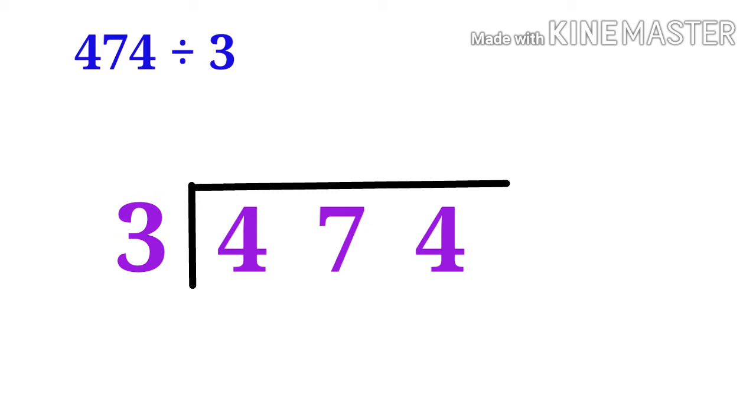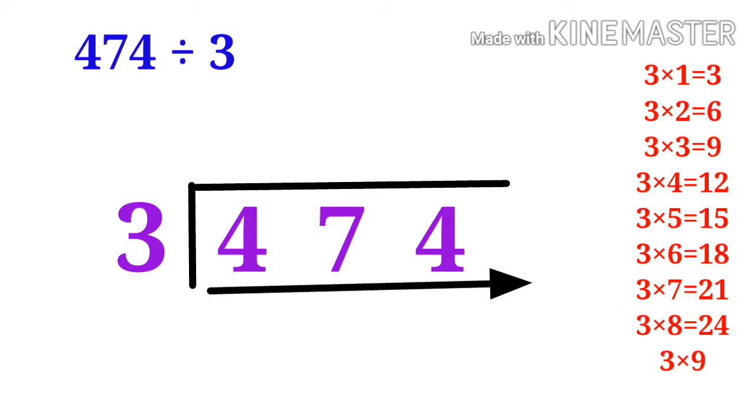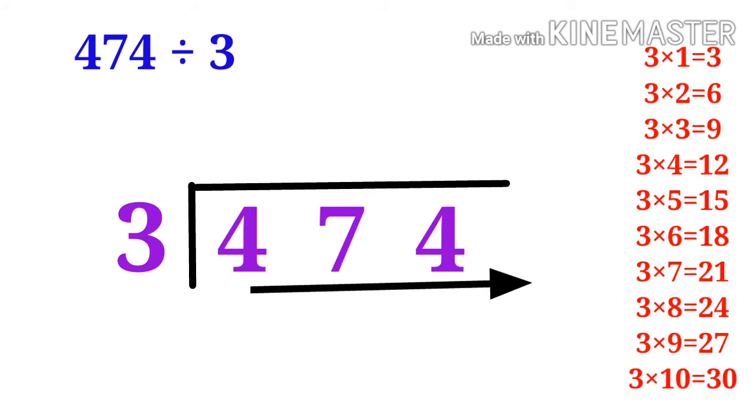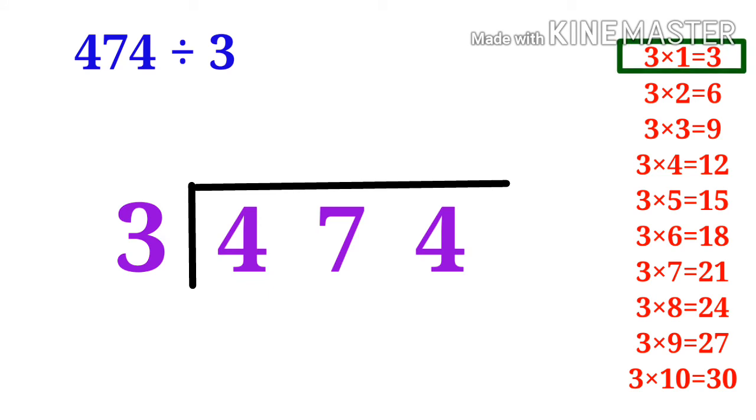Now start looking at the digits of the dividend from left to right. Recall the multiplication table of 3. Well, the first digit in the dividend is 4 and 4 is greater than 3. So, we'll check how many 3's go in 4. It is 1. So, we write this 1 above.